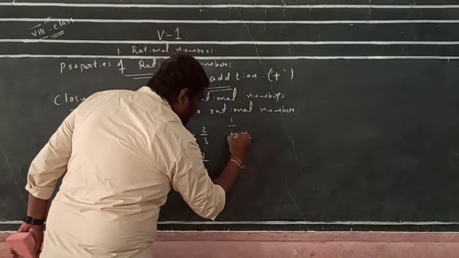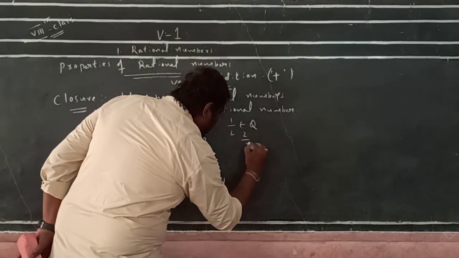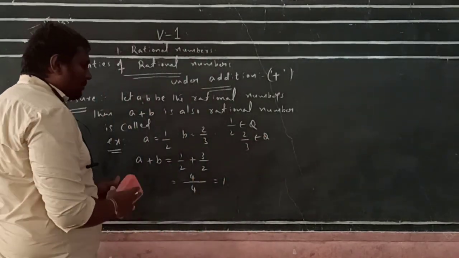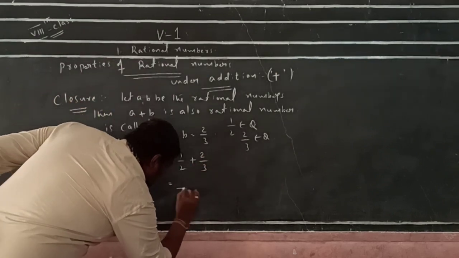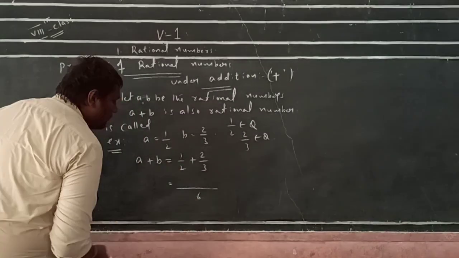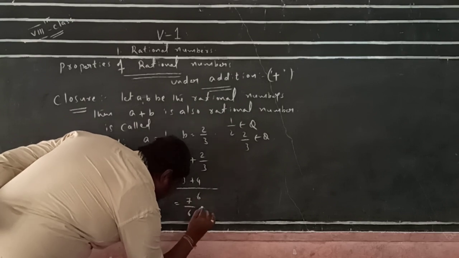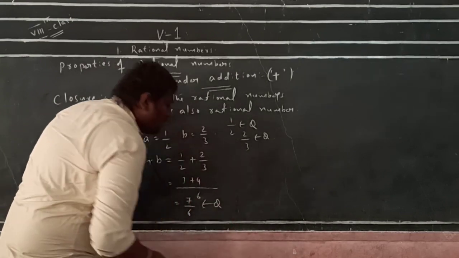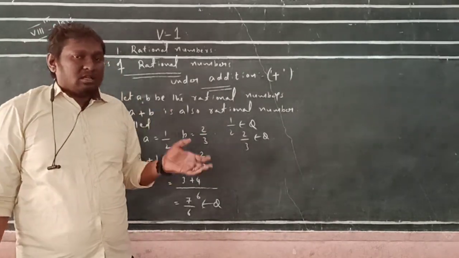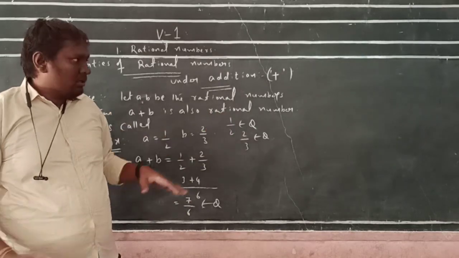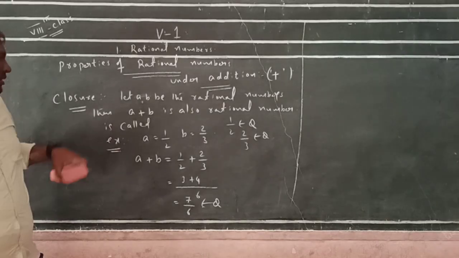Here 1 by 2 belongs to rational numbers and 2 by 3 also belongs to rational numbers. Here 1 by 2, 2 by 3, the LCM is 6, then 3 plus 4, 7 by 6. 7 by 6 is also a rational number. Understand? If A and B are rational numbers, the sum of the rational numbers is also a rational number.